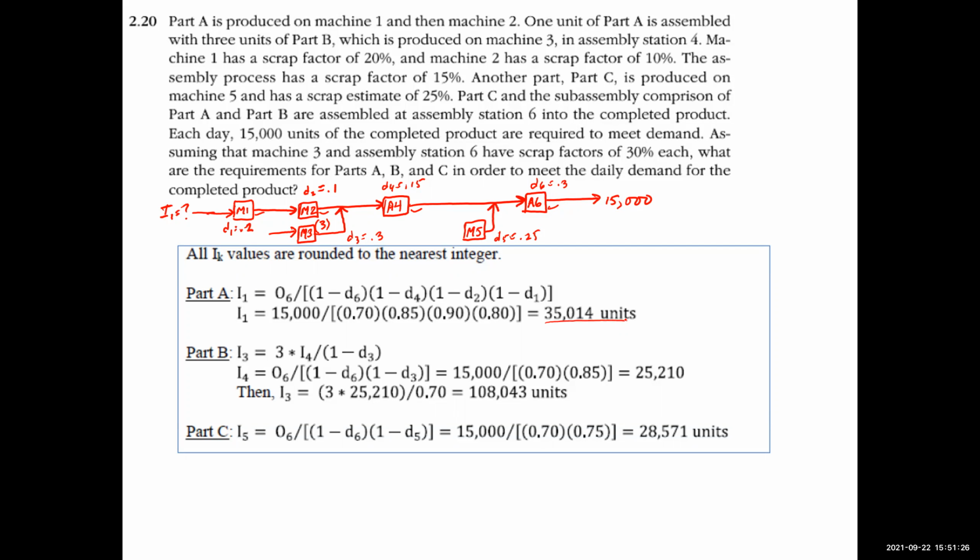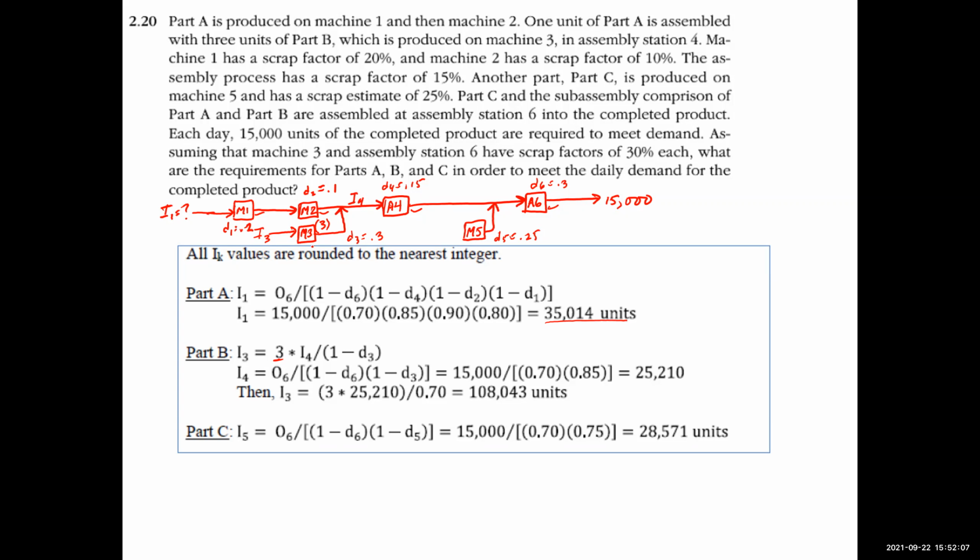Now for I3, which is this part coming in here, we have to remember that we have to multiply that by 3, which is why we have this factor. We need 3 parts of this type to be assembled with I1, the machine's part type A. And this is going to be equal to the input of 4 divided by the scrap factor of that machine.